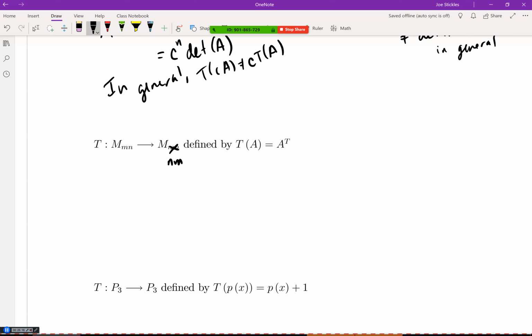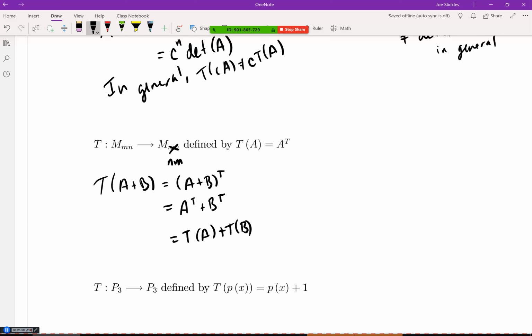Is this a linear transformation? Well, let's test it out in this case. The transformation says take the transpose of the input. We know from work we've done previously that transposes distribute over sums. So individually, we have the transpose of each matrix.